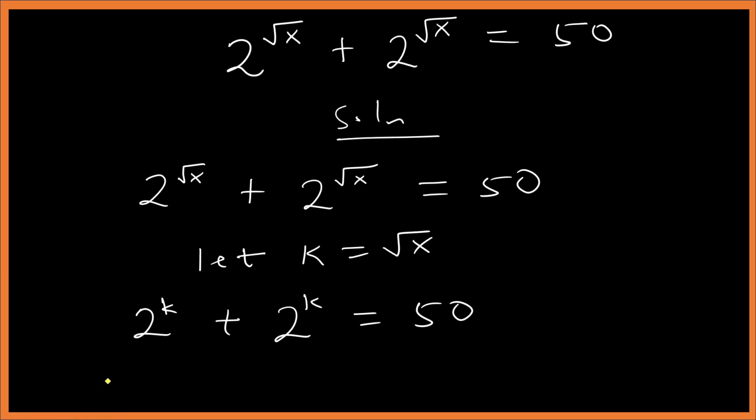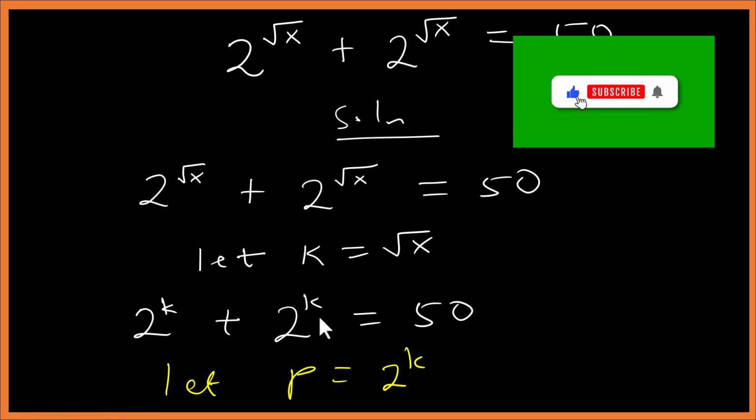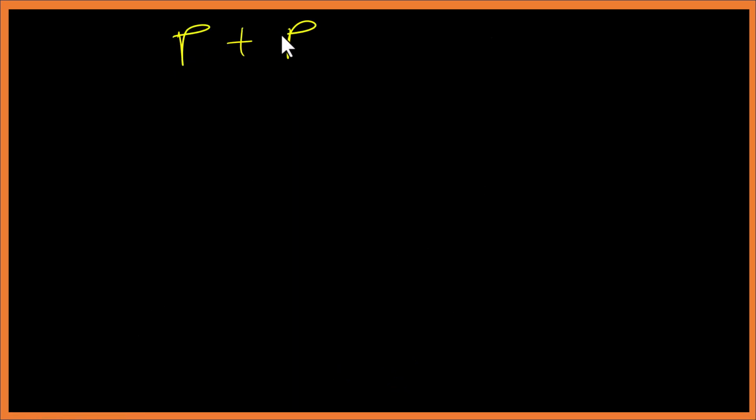So from here, we can go ahead and let a variable be 2 raised to k. So let p be 2 raised to k. So in going back, I'll put p here and put p there. So we have p plus p equals 50.